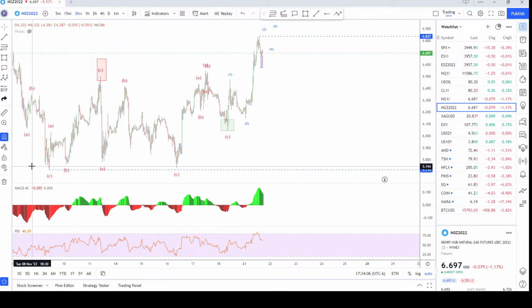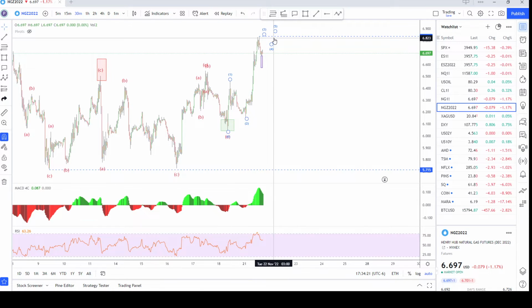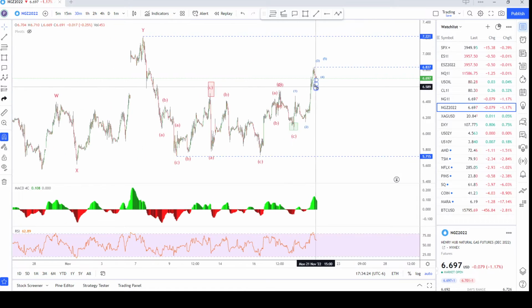So I see this ABC is 1, ABC down is 2, ABC 3, we had an ABC complete here on Friday for 4, and now I'm seeing there's a leading diagonal being created, and when that completes, then this whole move up will just be the A, correct down for B, and go up for C, break that top, and then the truth will present itself if that's just a Z wave and it's going to reverse down, or is it this was a 1, 2, 3, the beginning of a leading diagonal for up.